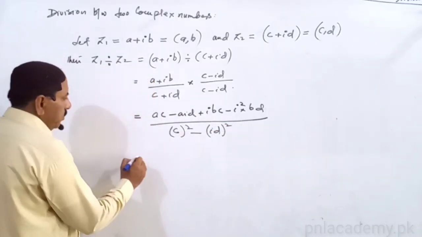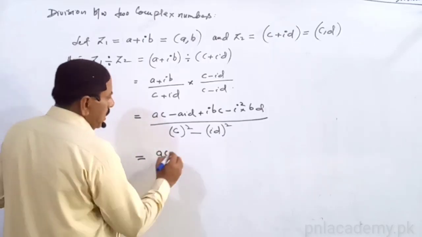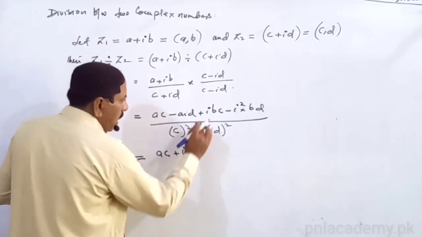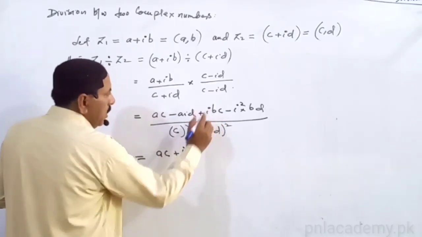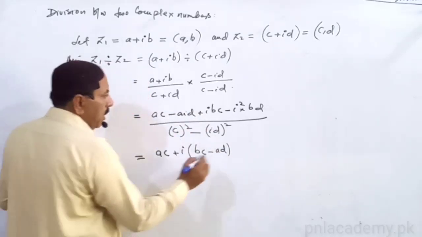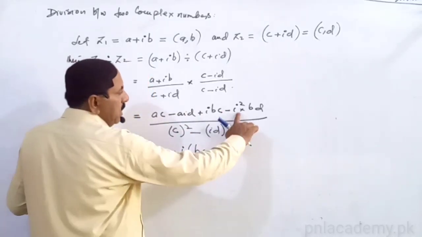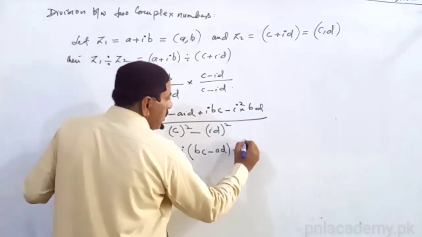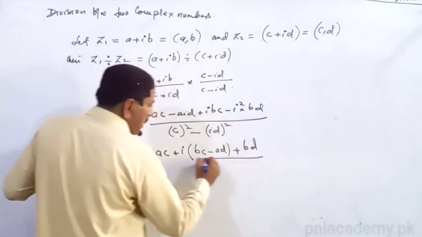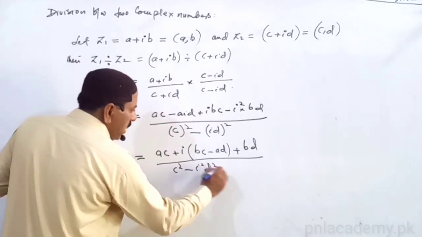So this will be AC plus iota common, BC minus AD remaining, and iota square has the value minus 1, minus into minus is plus 1, into BD, upon C square minus iota square D square.